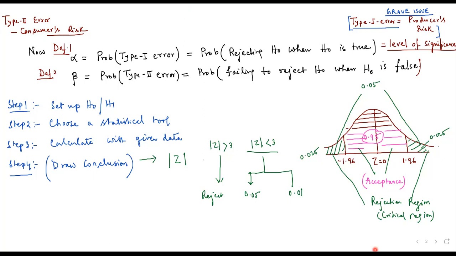In the next session, I'm going to make you understand properly what the p-value is. The way we solved problems in our previous classes, I'm going to take a problem and explain it with respect to the p-value approach.